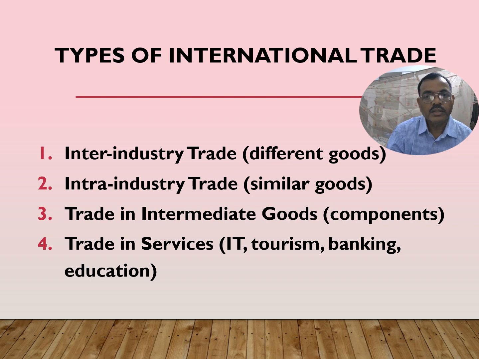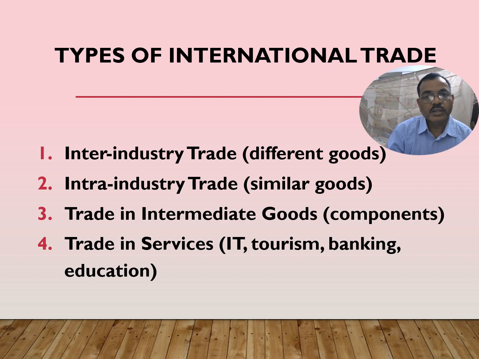For example, Germany exports BMW cars and imports Toyota cars. Third, trade in intermediate goods, that is, trade in parts and components. Fourth, trade in services, most important, such as IT services, tourism, banking, and education. Modern trade is increasingly service-based and component-based.